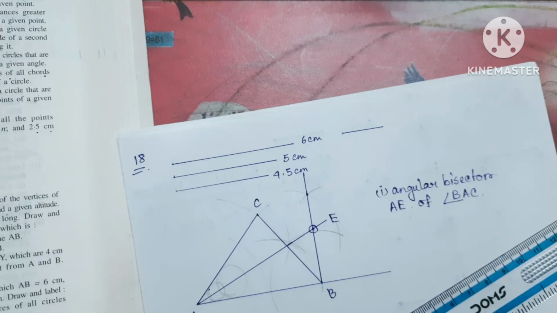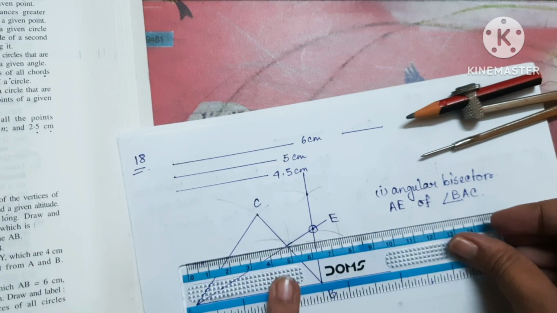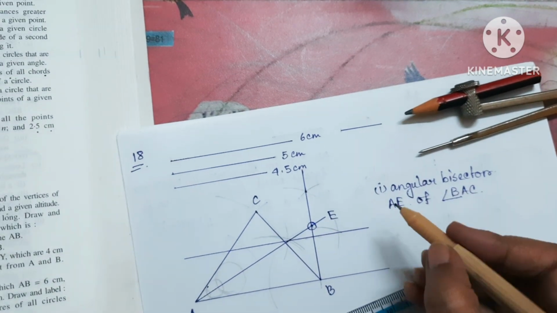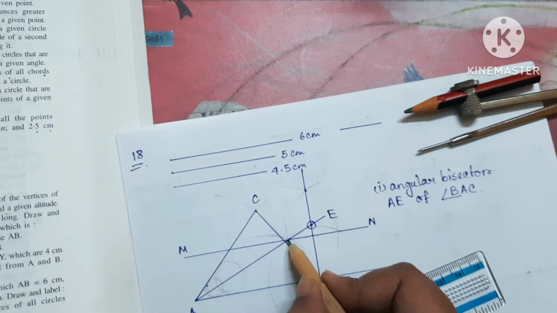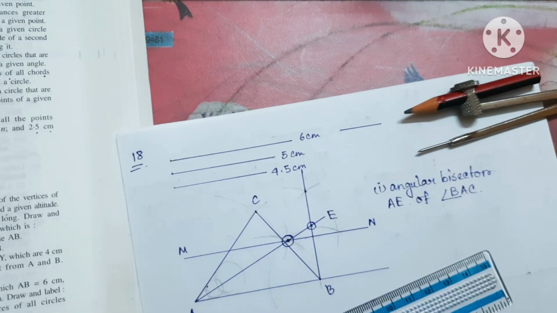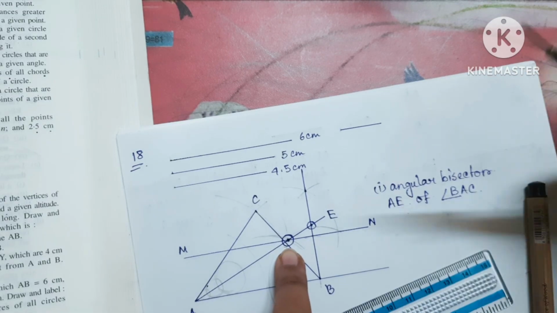Now you have to cut 2 cm from it. Now if you draw a parallel line, MN is the parallel line which is parallel to AB and at a distance of 2 cm from it. Now see, MN and AE intersect at a point, this one.